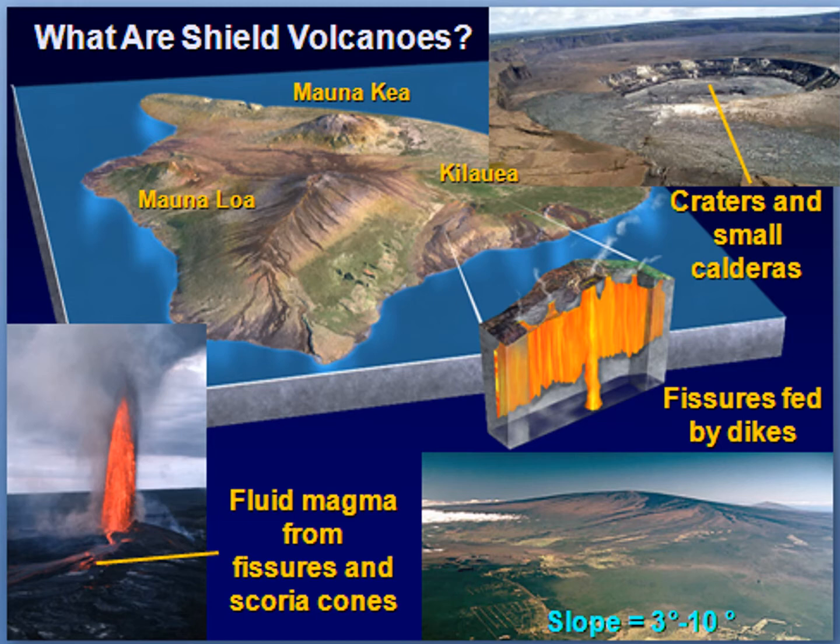So you have these smaller fissure eruptions, and you basically just build up this big, broad shield volcano over time. In the bottom left is a close-up of a fissure eruption. In the bottom right, that is an image of either Mauna Loa or Mauna Kea. And you see from a distance that indeed this volcano is not pointy. Your slopes are very gentle, maybe between 3 and 10 degrees.